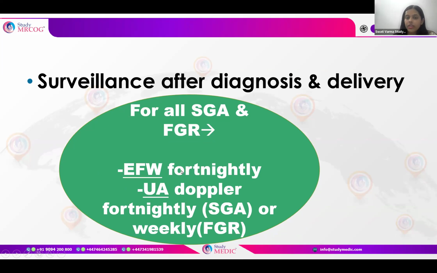For SGA, EFW fortnightly and umbilical artery Doppler fortnightly. In SGA, both fortnightly. But in FGR, EFW fortnightly and umbilical artery Doppler weekly. So this is the main difference between SGA and FGR: in SGA, both fortnightly; in FGR, EFW fortnightly and umbilical artery Doppler weekly.